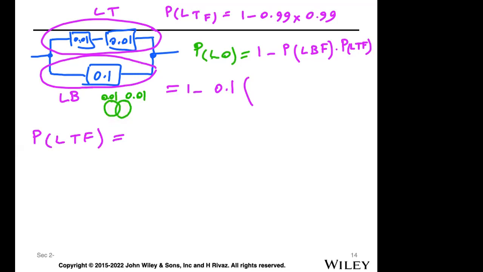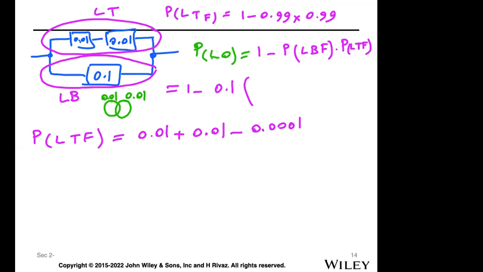So here, left top part failing is going to be the probability that this thing fails, which is 1%, plus the probability that the other one fails, which is again 1%, minus the probability that both of them fail, and that is 0.0001, right?